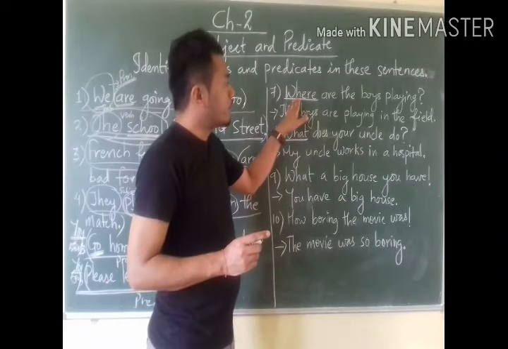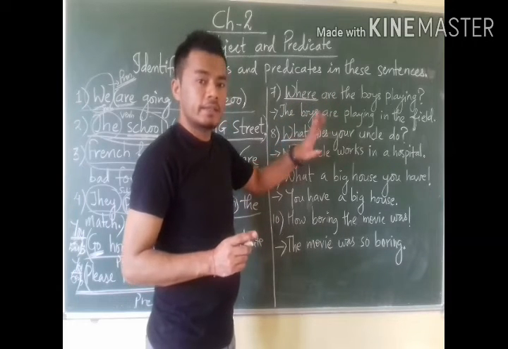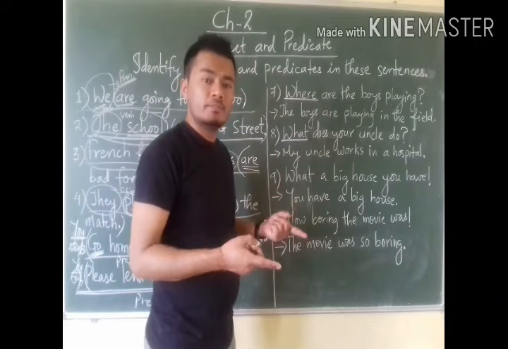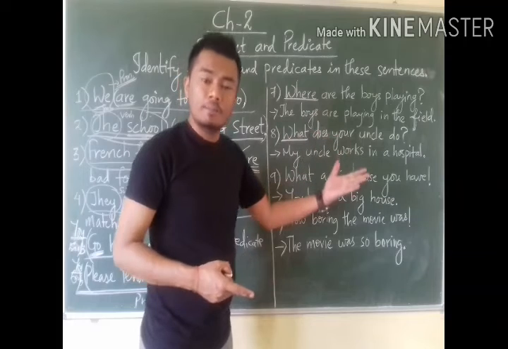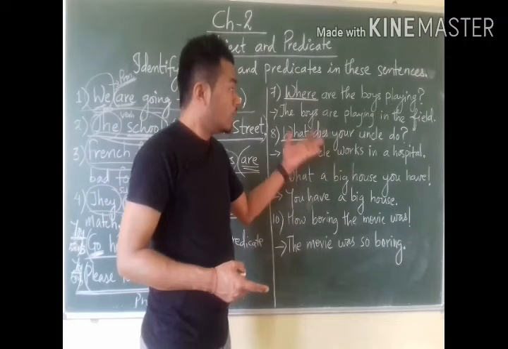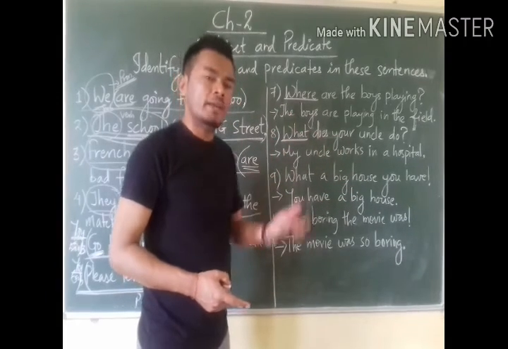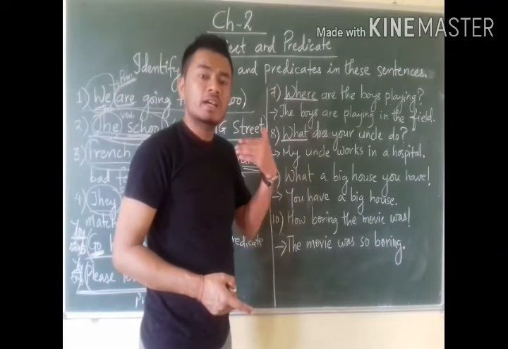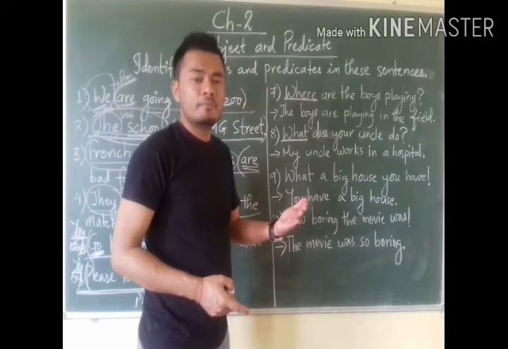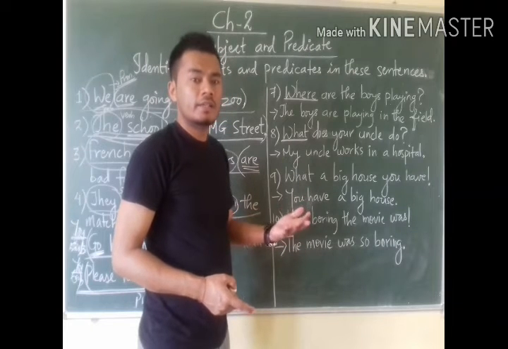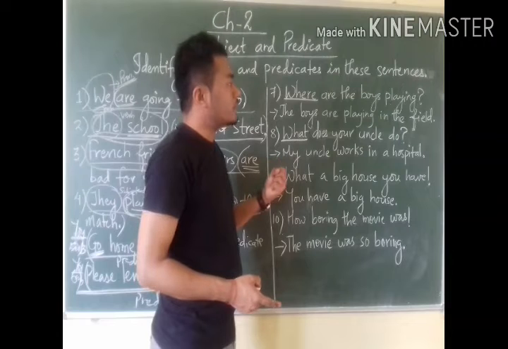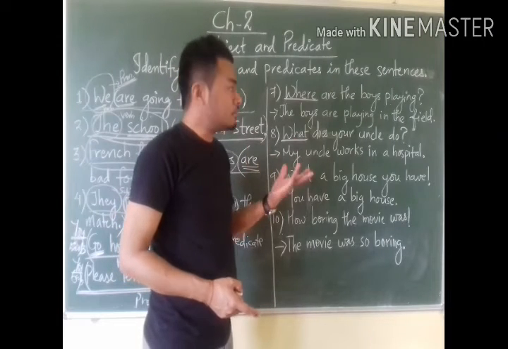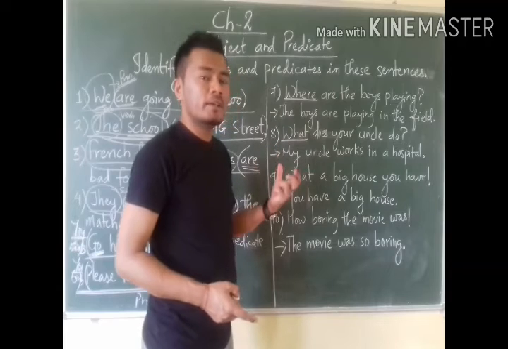Okay. See, where are the boys playing? This is a WH question. And if I write the same question as a verbal question by using a helping verb: are the boys playing? I have already told you so many times that in case of WH questions and verbal questions, that means questions framed by using a helping verb, the subject comes between the helping verb and the main verb.